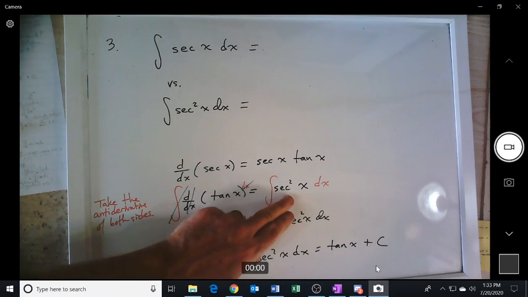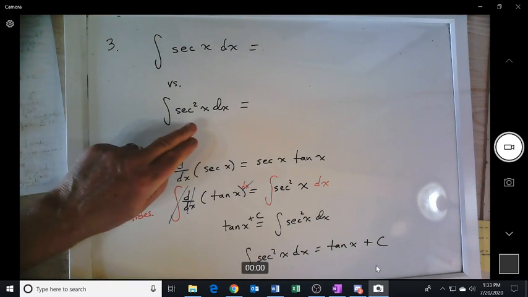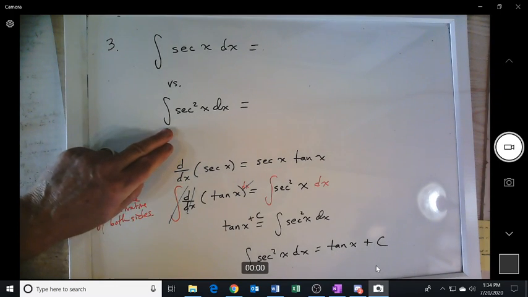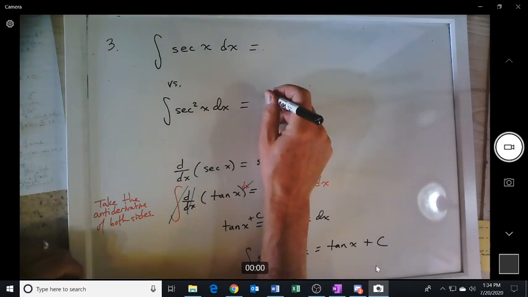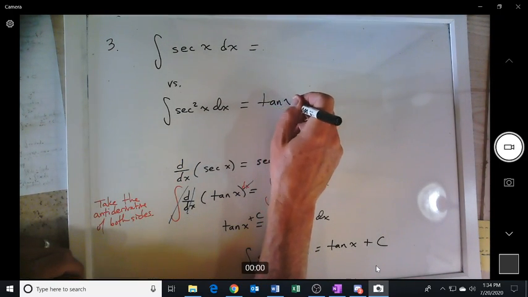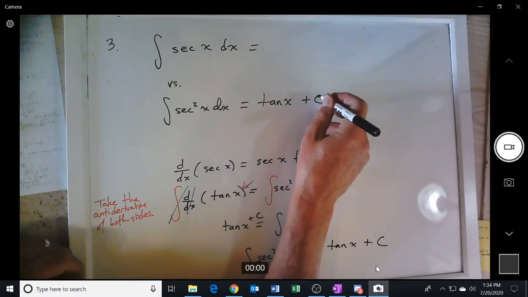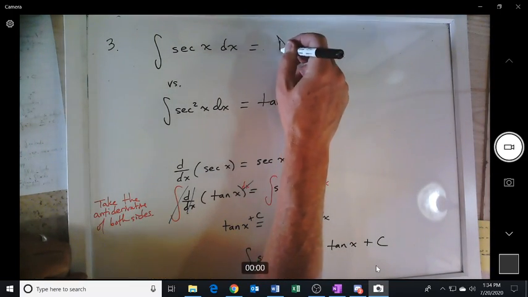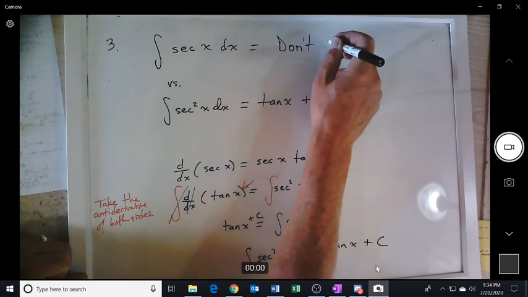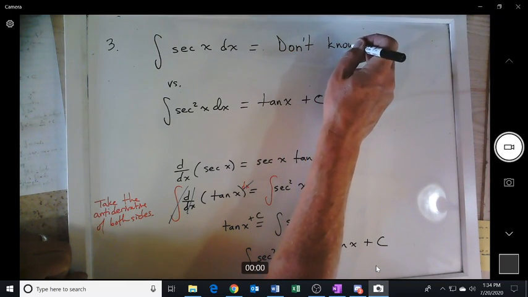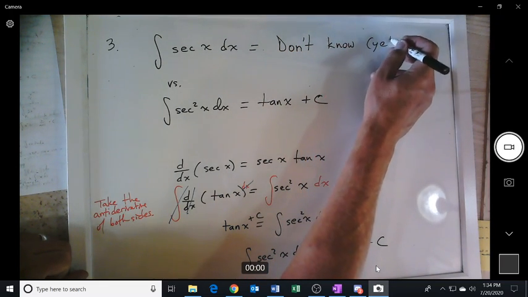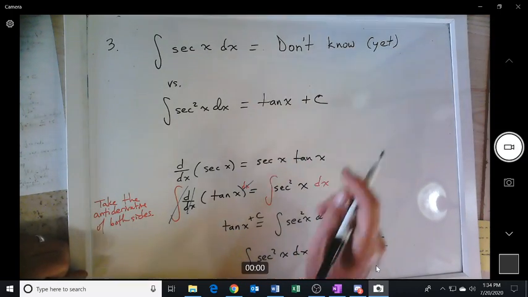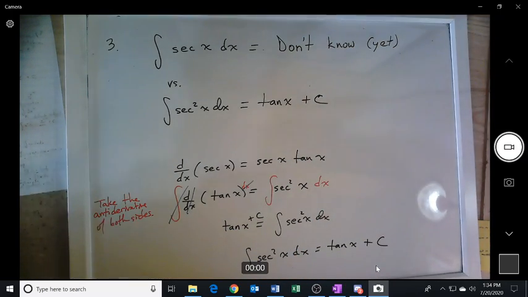Whatever was the outcome of a derivative can be the input for an antiderivative, and then we have it. This one, we don't know. And eventually we'll figure out a very creative way to get there. But right now, we just say we don't know yet how to do one of those.